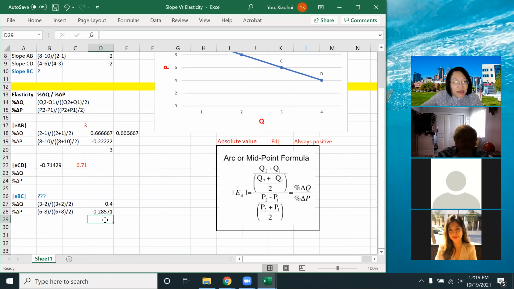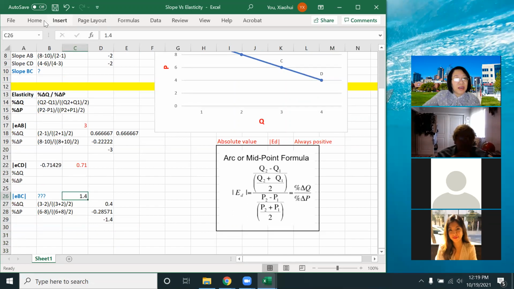Now to calculate the elasticity, it will be equal to this one, change in Q over change in price. Enter. So what's this value? It should be negative 1.4. Yes, 1.4 for this value.